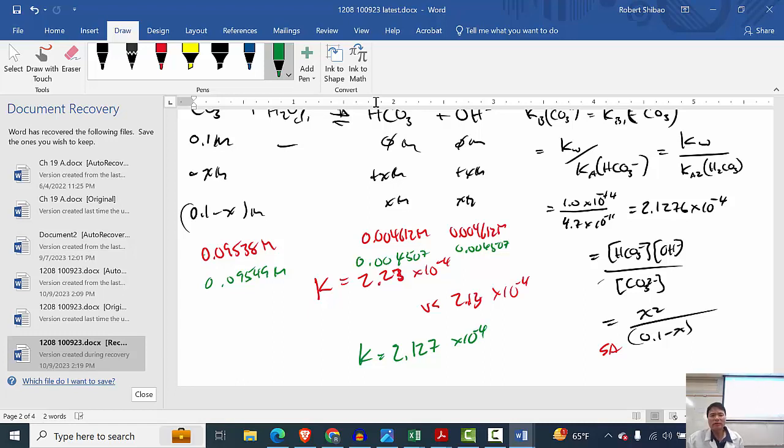So this is much closer, 2.127 versus 2.13. And so we just round this, and then it comes out to 2.13. So it's a better answer using the quadratic.